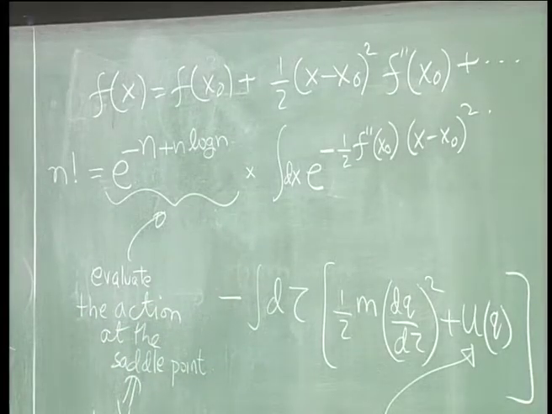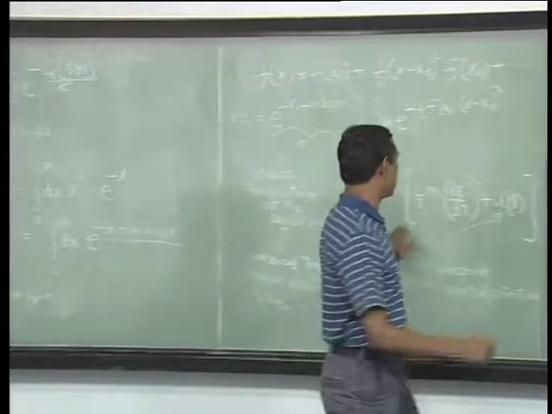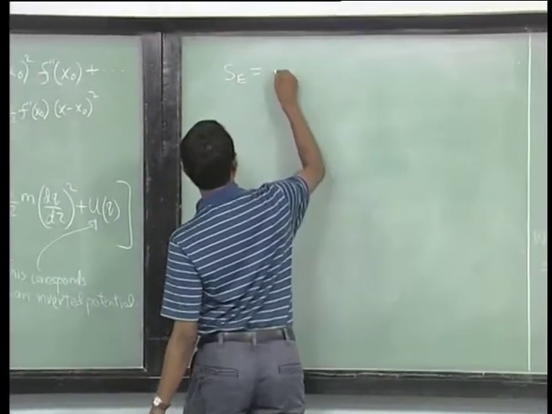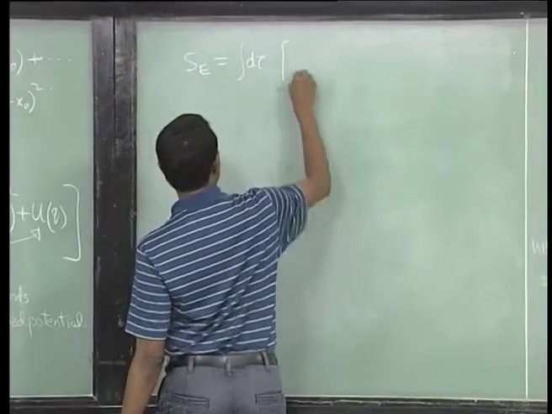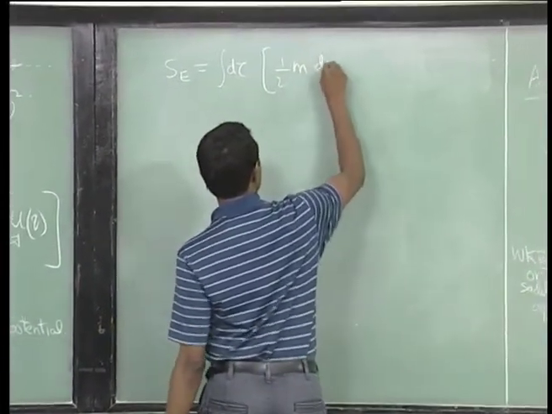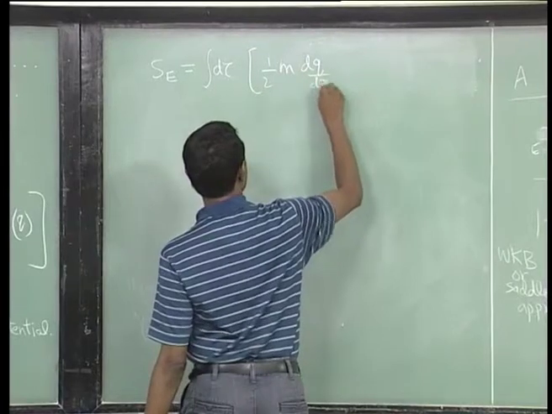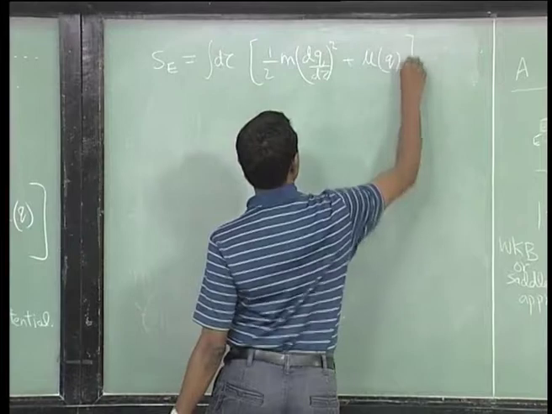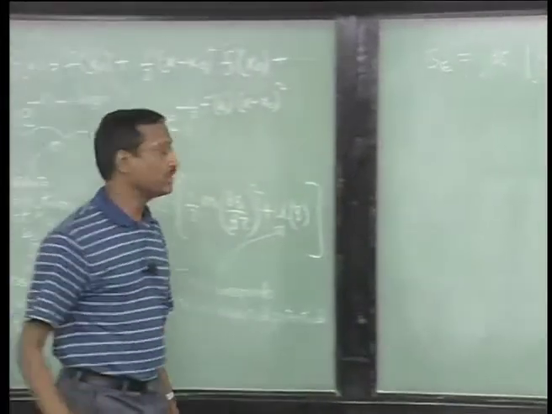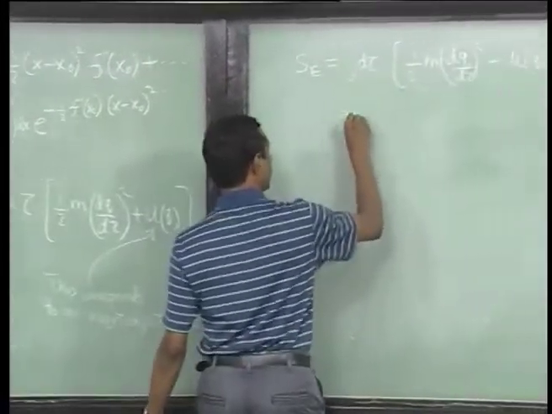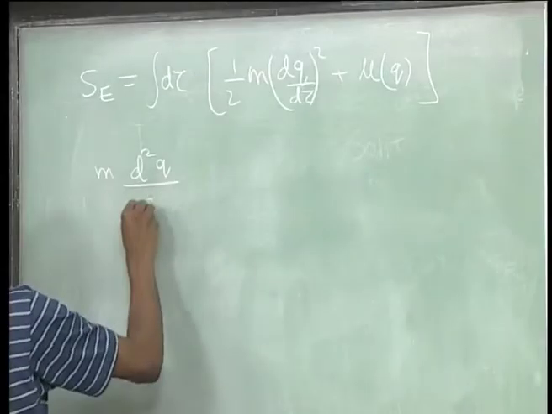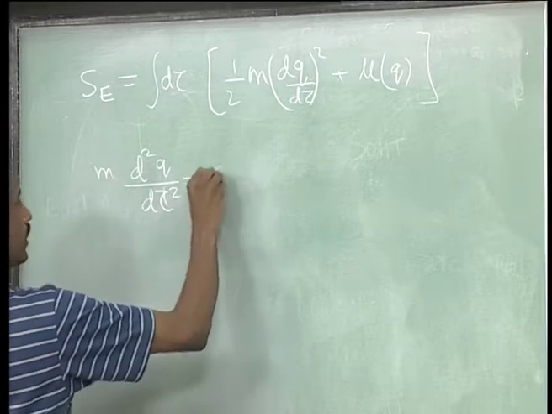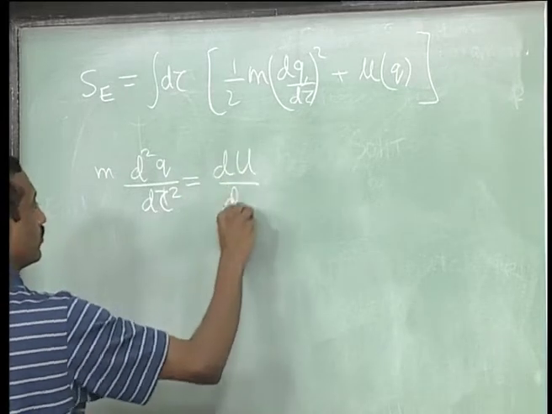So now you can see what the structure is, what is S Euclidean. So, the equation of motion would be just m d square q by d tau square should be equal to dU by dq.